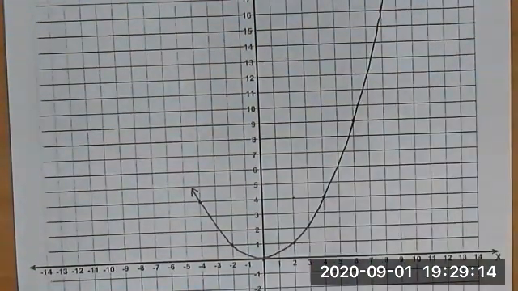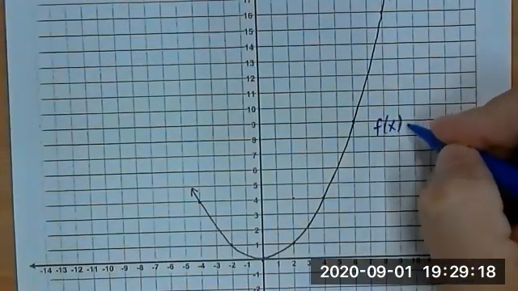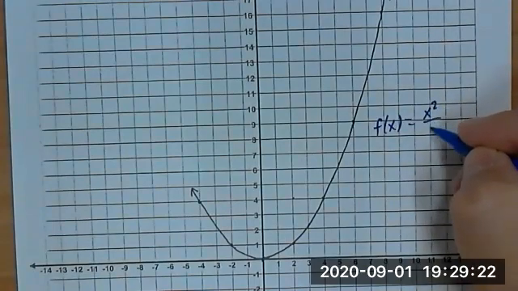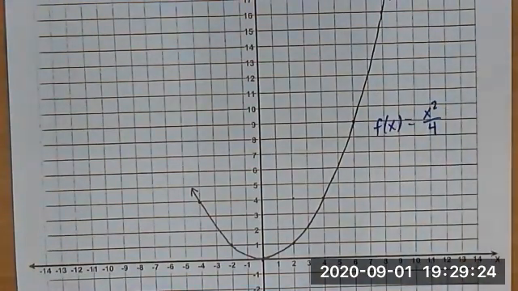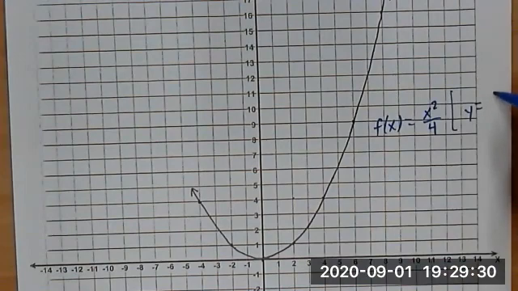let me do it, I believe you can see it well. f of x equals x squared over 4. If you want to, you can think of this as y equals x squared over 4.